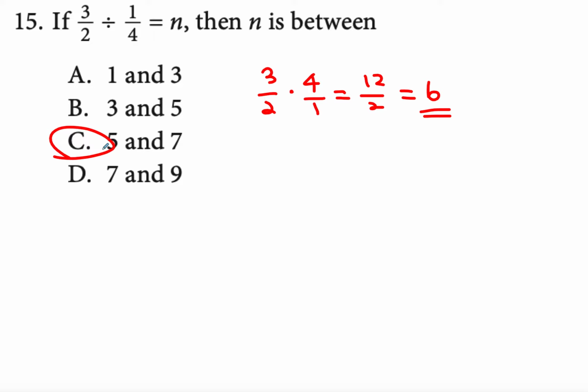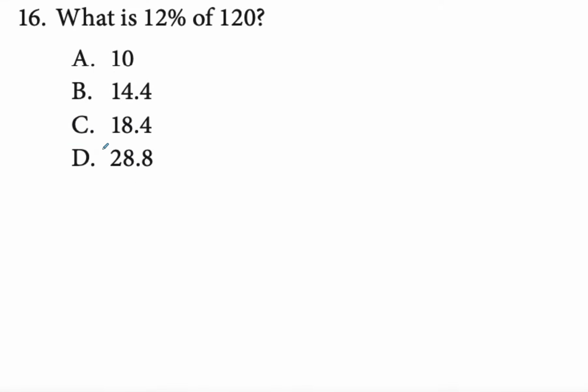Great, let's move on to the next problem. Number 16. What is 12% of 120? So what I can do is rewrite this as 12%, so that means 0.12, and "of" means to multiply by 120.